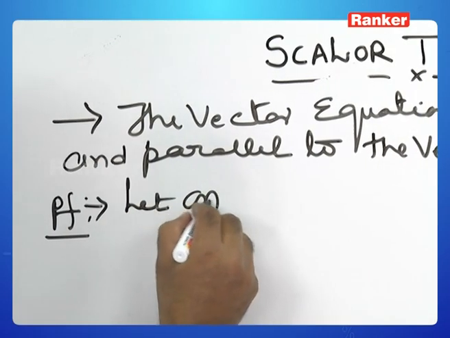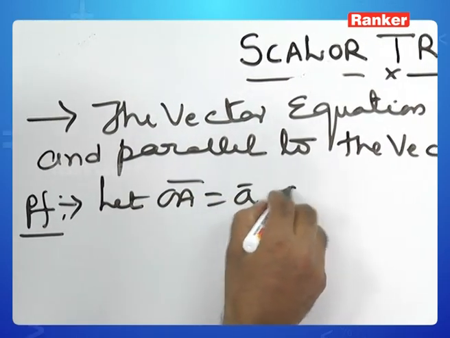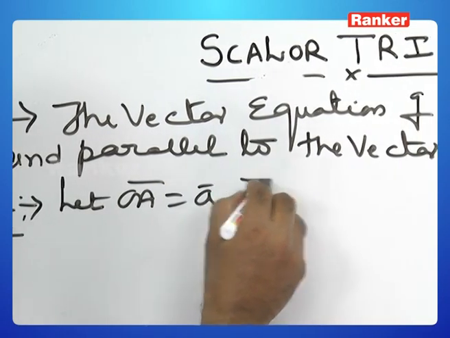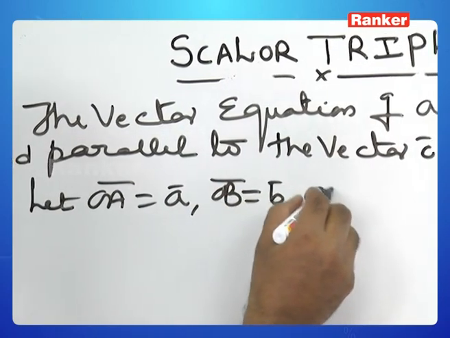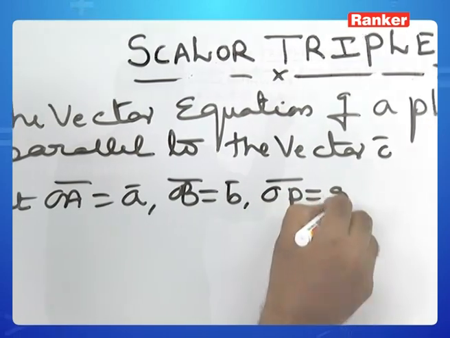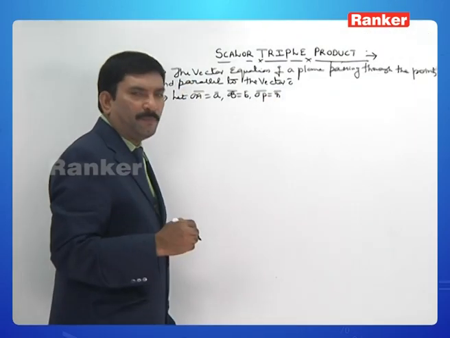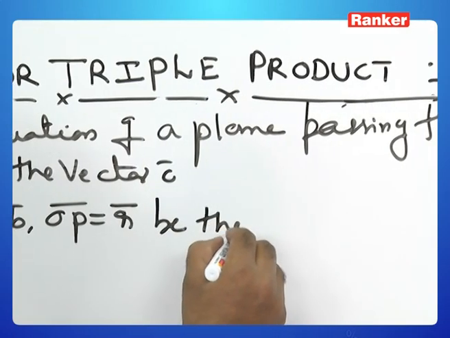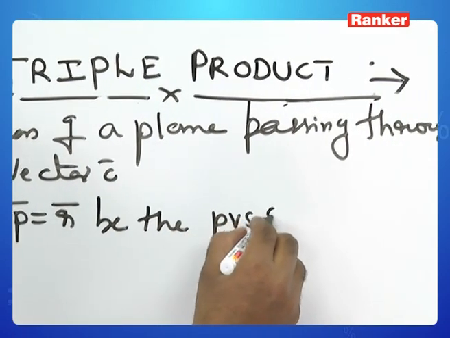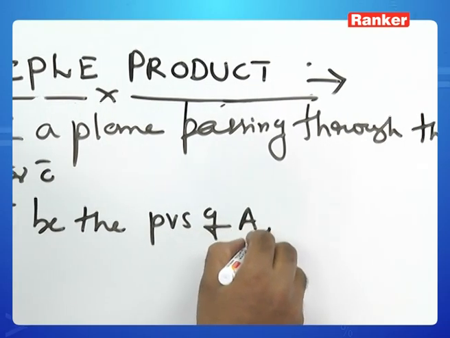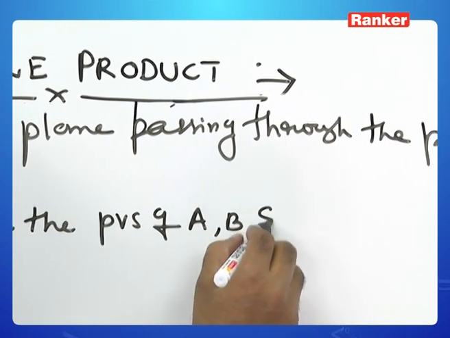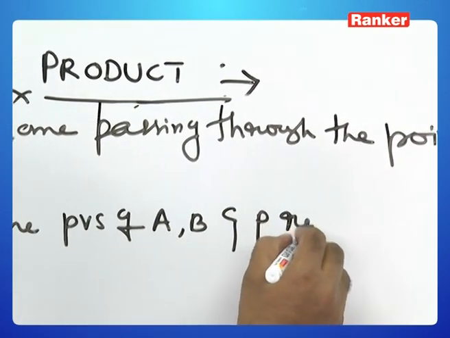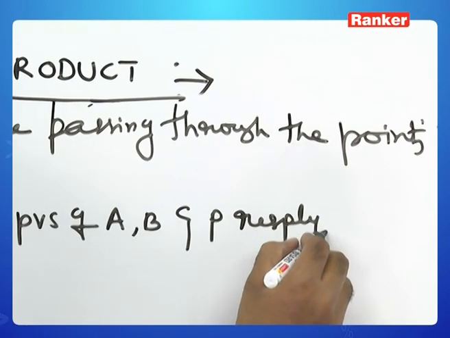Let OA bar is equal to A bar, OB bar is equal to B bar, OP bar is equal to R bar, be the position vectors of capital A, B and P respectively.